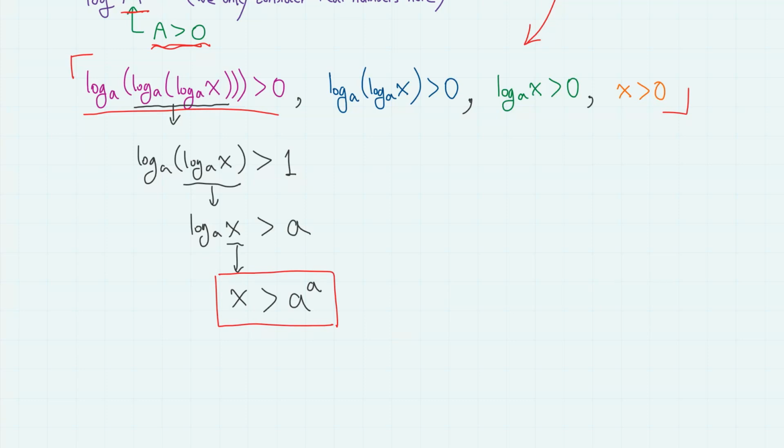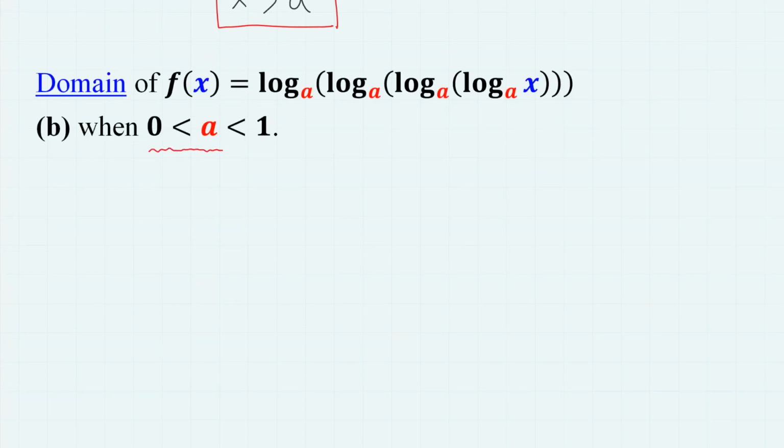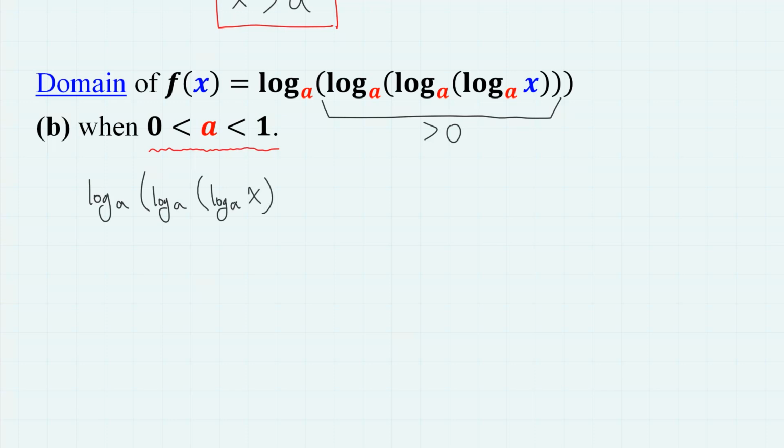And now the interesting one, when a is in between 0 and 1. We start the same. This inner part of the logarithm must be positive, so we have log base a of log base a of log base a of x is positive.